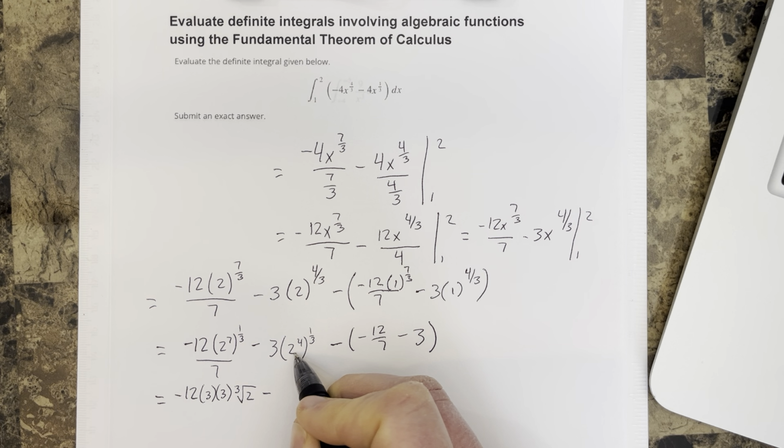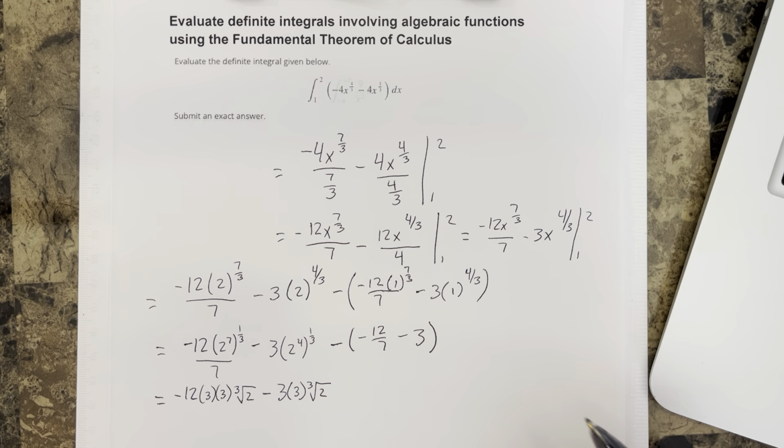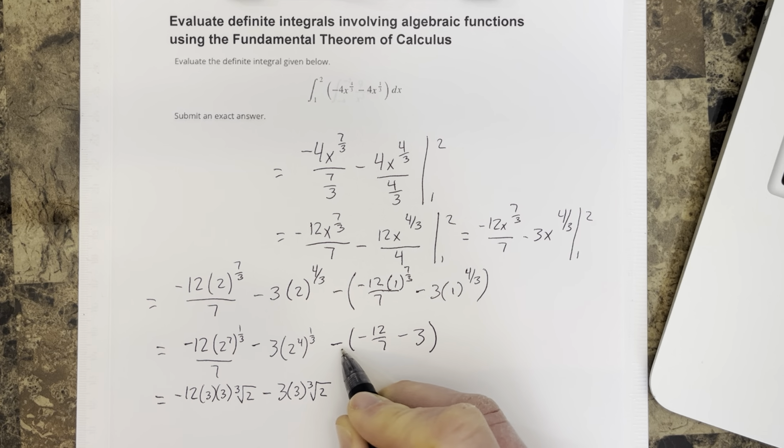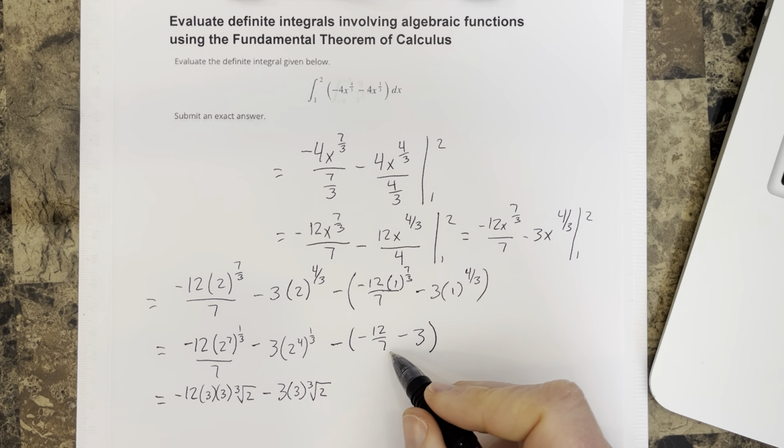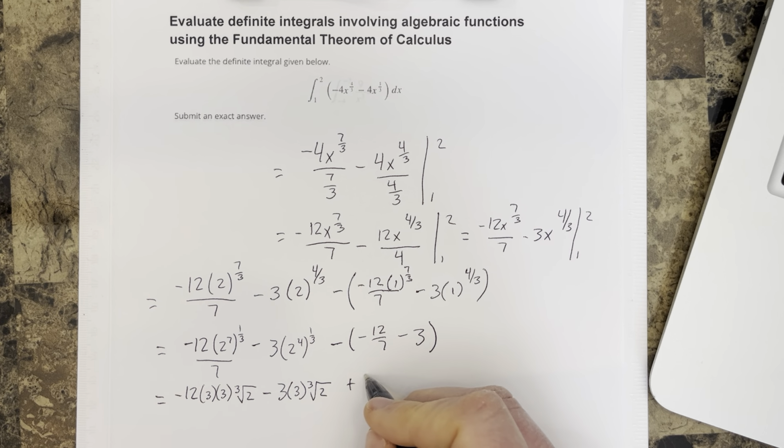Minus, take out 1 set of 3 here, it's minus 3 times 3, and then I get cube root of 2. And then this would be minus 12 over 7. So negative, we get negative 33 over 7. So this is positive 33 over 7.